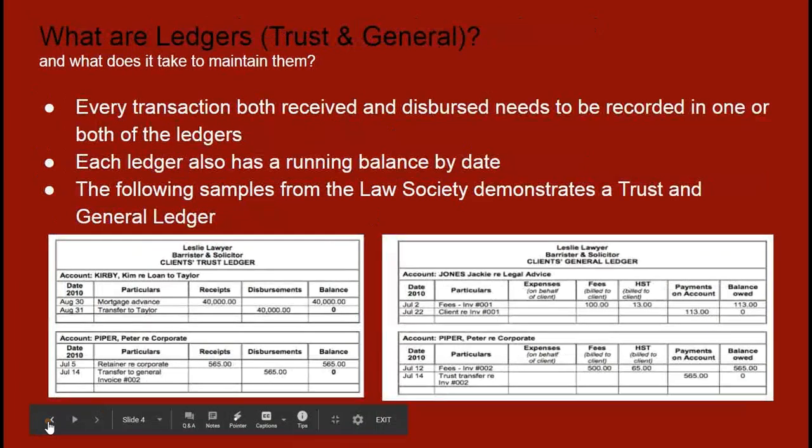When you looked at the ledger, let me just quickly go back to that ledger slide. Now, we really didn't care how Peter Piper paid this legal firm that $565, right? Nowhere are we capturing an aspect of that financial transaction, which is how the payment came in.